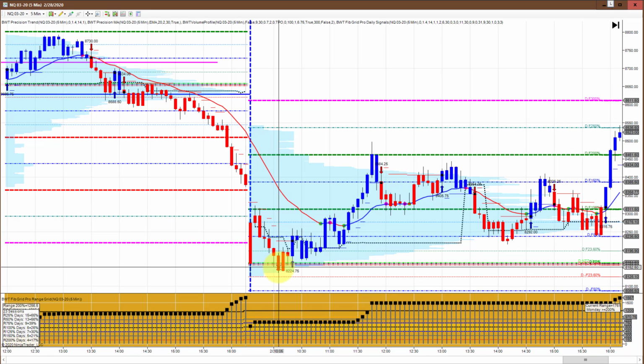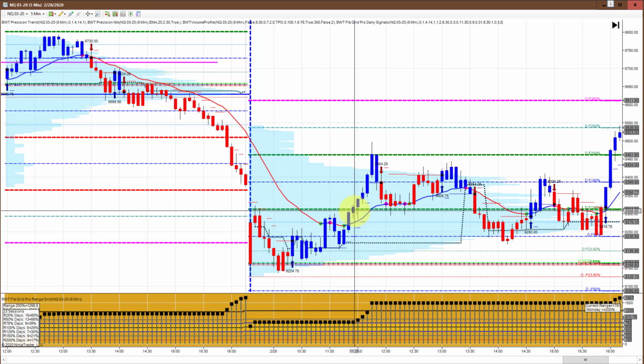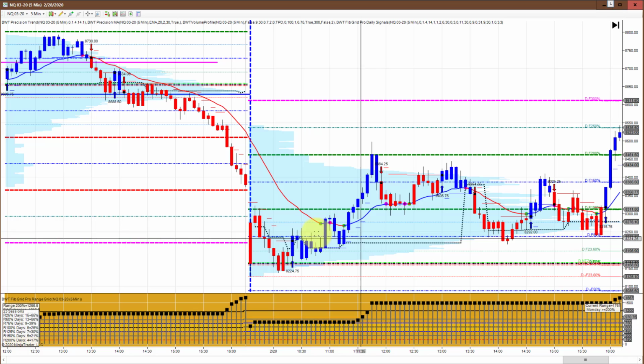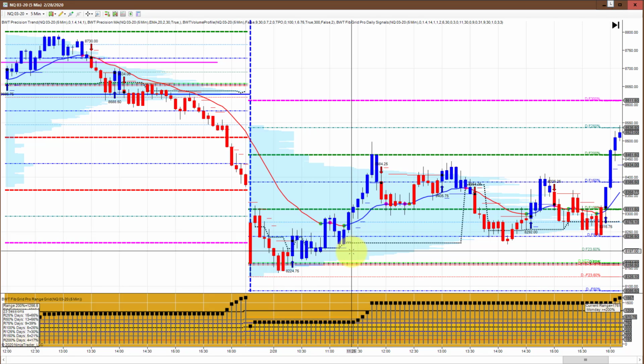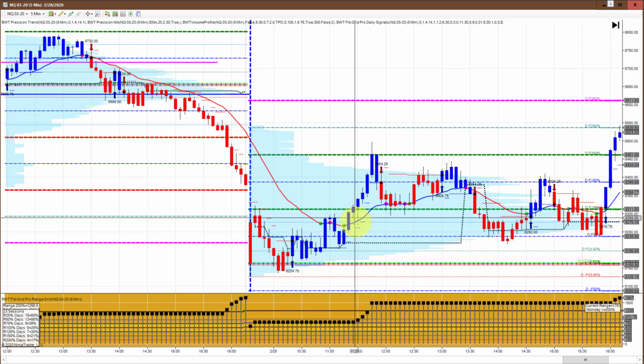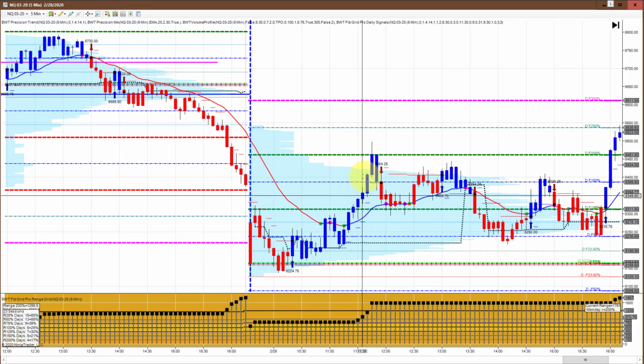Back to the open, then back up to 50% of the range right here, resistance. Pulled back to 25% of the range here, and then back up to 100% of the range, blew right through there.